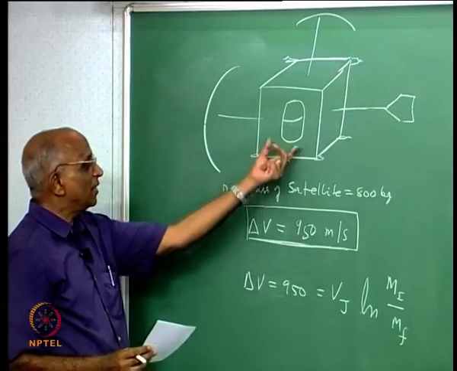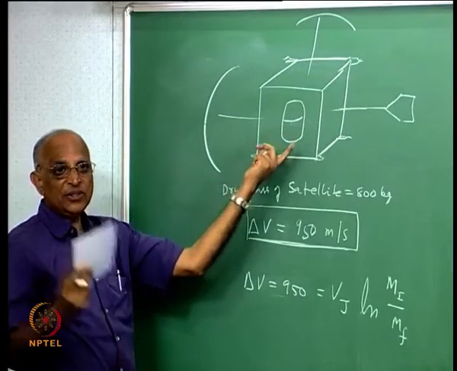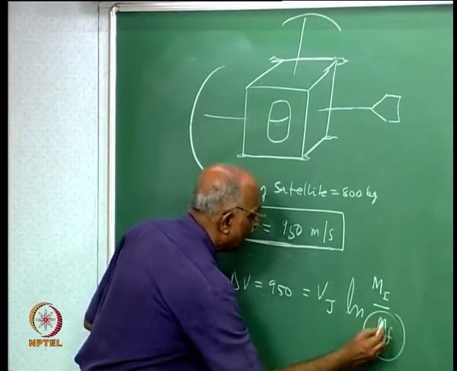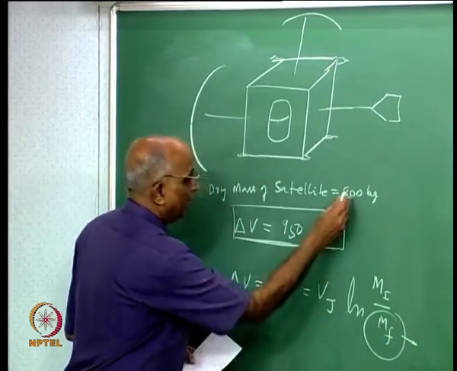What is given to me is the dry mass. Dry mass is the final mass when all the propellant has gone. Therefore, MF is given to you as equal to 800 kg.